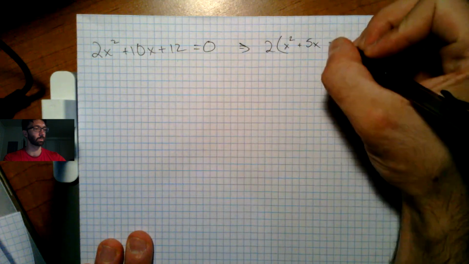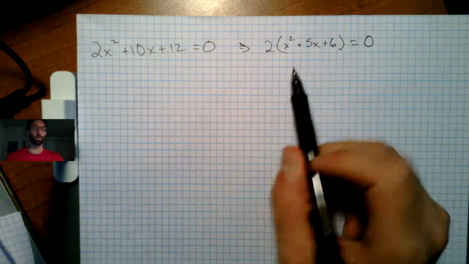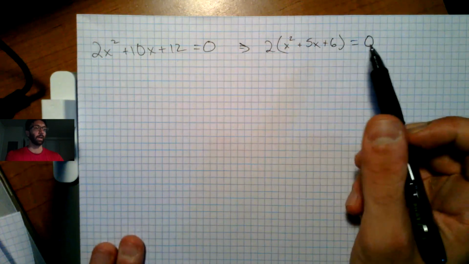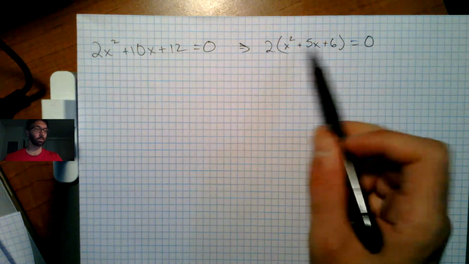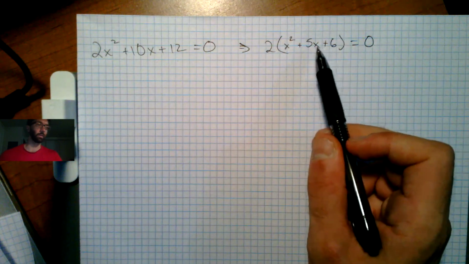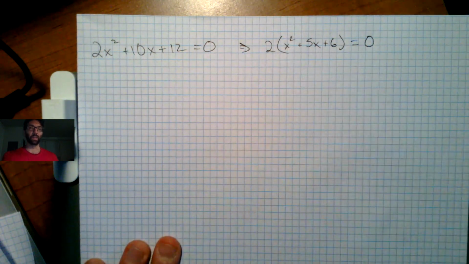That, of course, is 6. Now this is what my equation looks like. As you can see, this is now a factorable trinomial where the leading coefficient is 1, and we already know how to handle that.